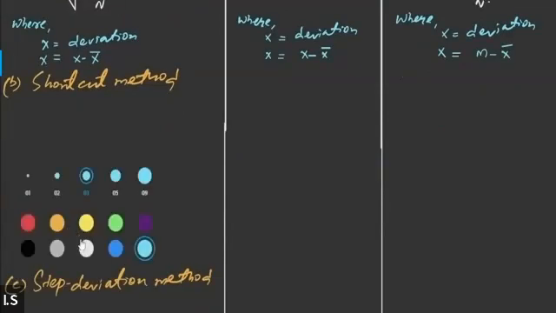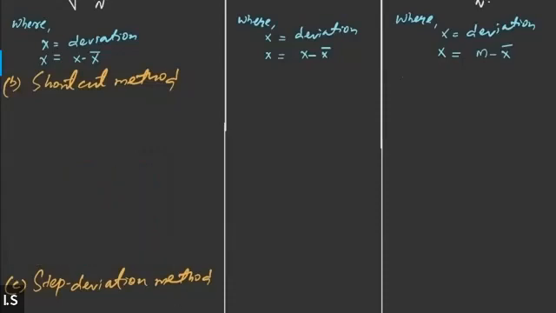Now, let's write down the formula for the shortcut method. So the formula for the shortcut method will be: standard deviation equals, again, under root sigma d square upon n minus sigma d upon n whole square.